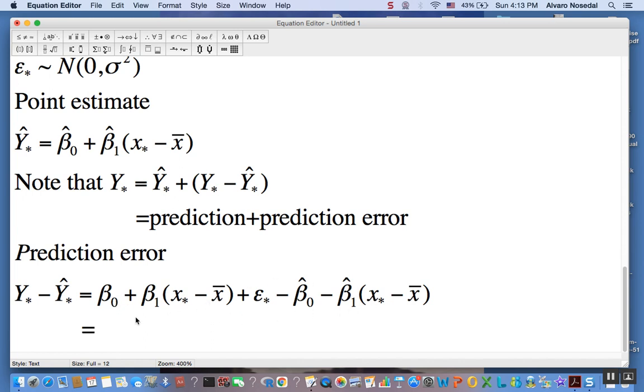First, epsilon star, let's place it here. Now let's see which terms have to do with beta 0: this one here, beta hat 0.